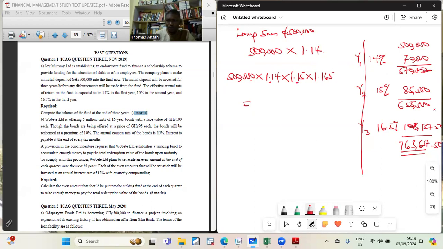When you continue to multiply, you are getting this, and when you continue to multiply, you are getting this. So let's try 500,000 multiply by 1.14, multiply by 1.15, multiply by 1.165. Indeed, that is it. So with understanding, you can speed up your process.